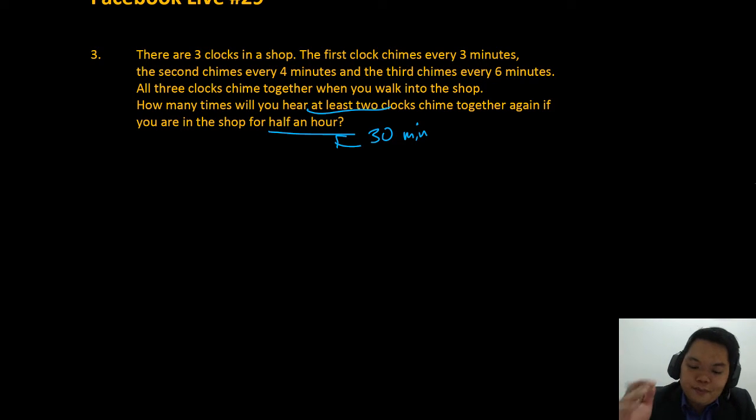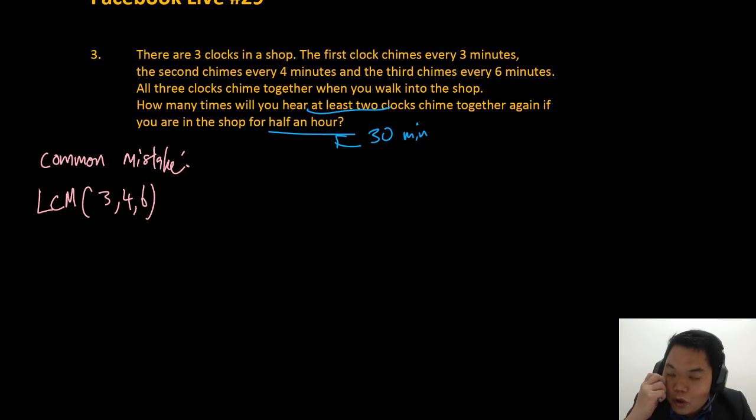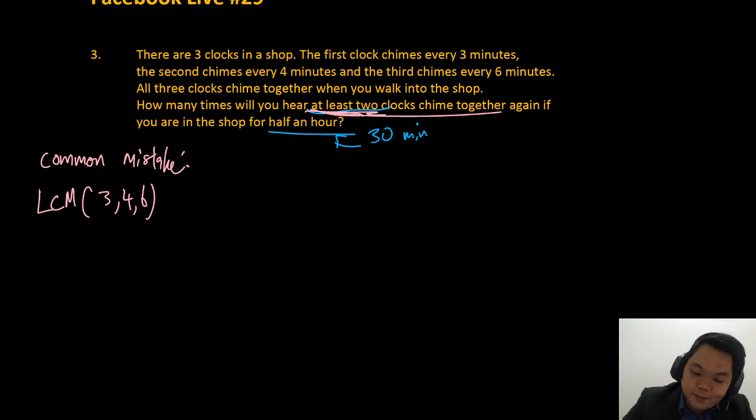Okay, so anyway, let's look at it this way. Now, one of the common mistakes here is that they want to find out the lowest common multiple between 3, 4, and 6. No, lowest common multiple doesn't work that way, at least for this question, because you are looking for at least 2 clocks chiming together.